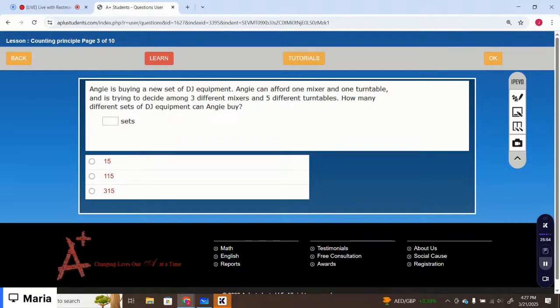Ng is buying a new set of DJ equipment. Ng can afford one mixer and one turntable and is trying to decide among three different mixers and five different turntables. How many different sets of DJ equipment can Ng buy?